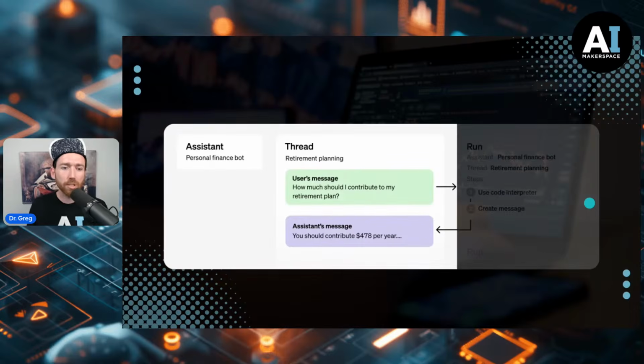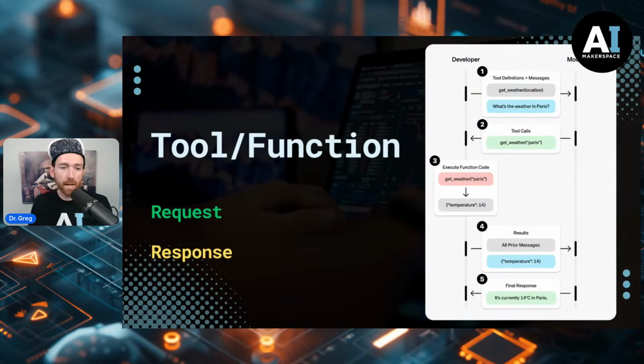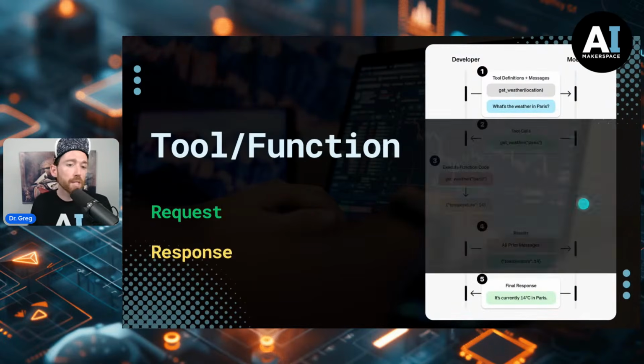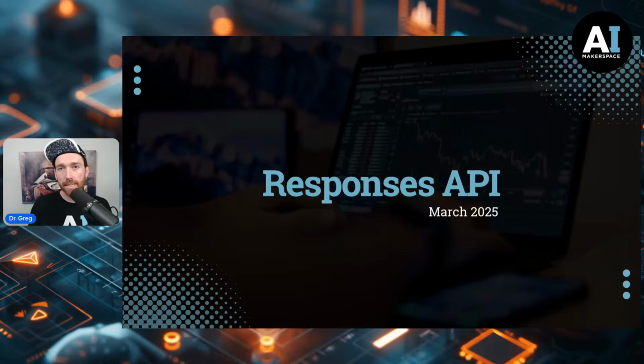So I can imagine the user only sees this in a similar way to how, in the classic chat completions API, the user only really sees this. And really, they don't even see this. This is for us as developers. So we can really start to root ourselves in what things were like heading into 2025, the year of agents, where the Responses API was released in March.